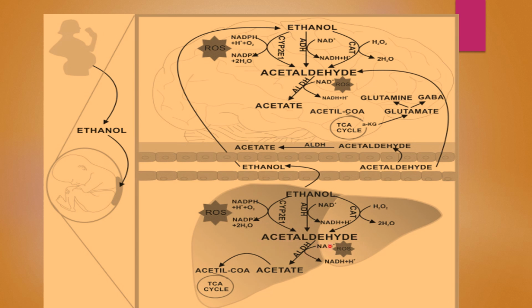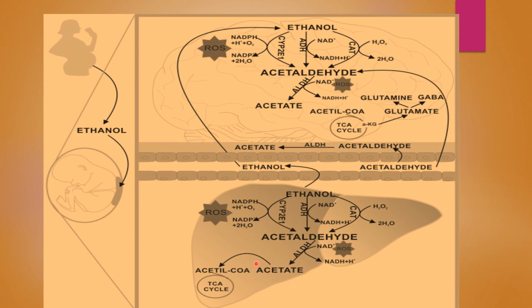Once acetaldehyde is produced, it reaches the mitochondrial matrix, and here another enzyme system, aldehyde dehydrogenase, is available, and it converts this acetaldehyde to acetate.